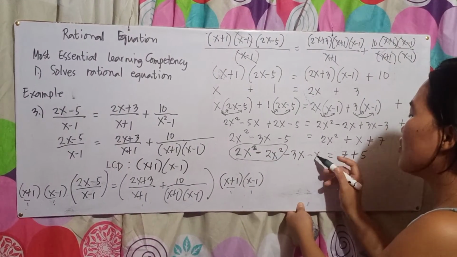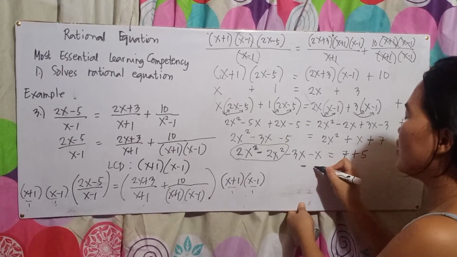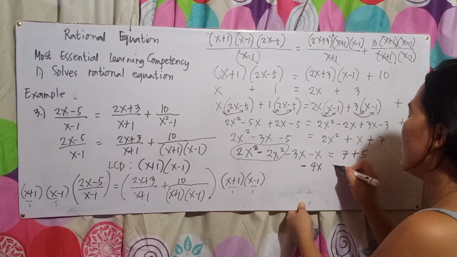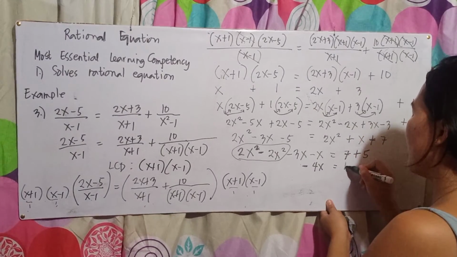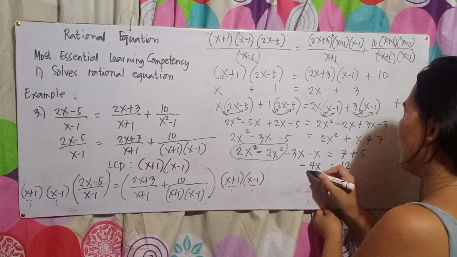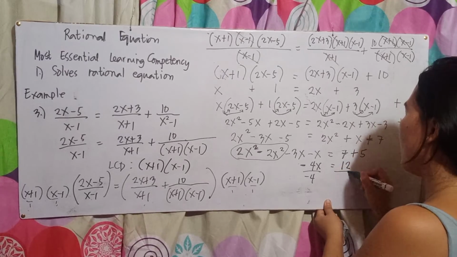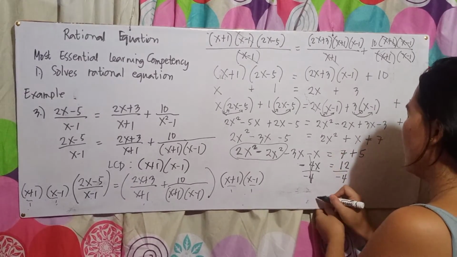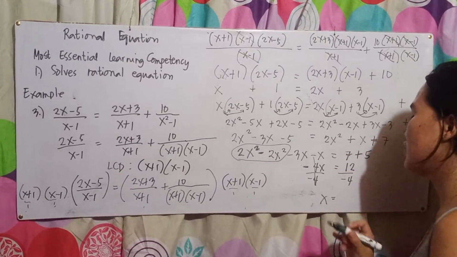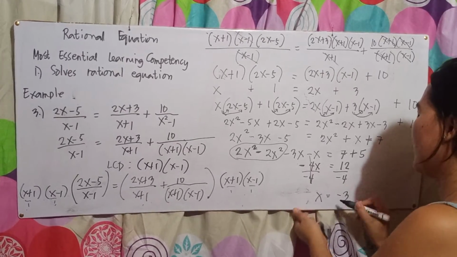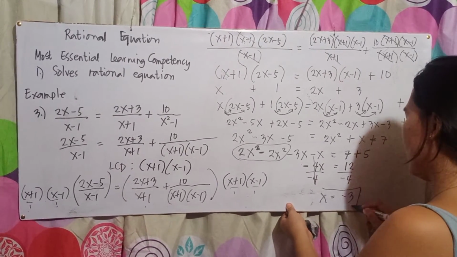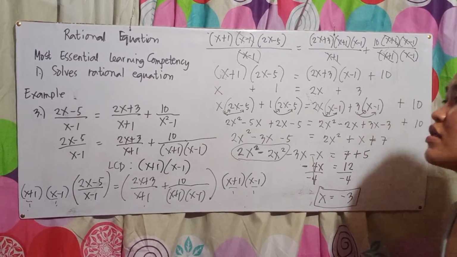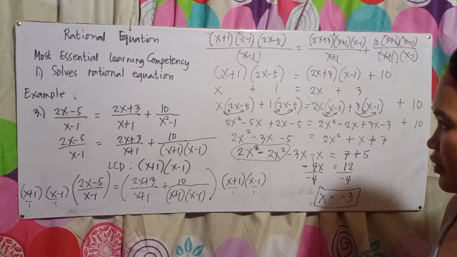Negative 3x minus x, same signs, so add. 7 plus 5 is 12. Over negative 4 over negative 4. So x equals negative 3.